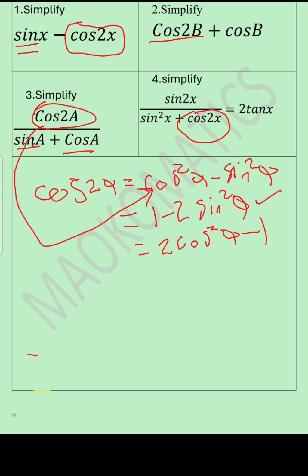I change it into this identity here, so that this sine here can be removed by this sine there, and then you'll be left with cos. The aim is to get cos in the denominator because tan is sine over cos.